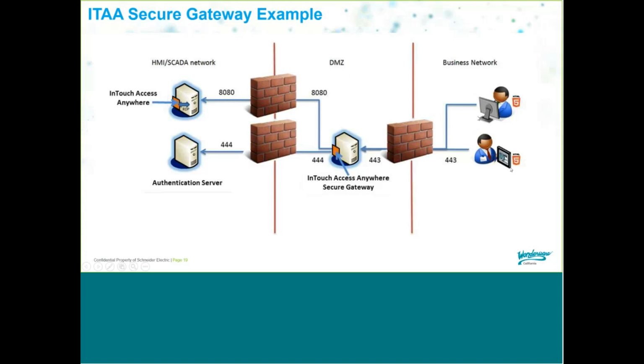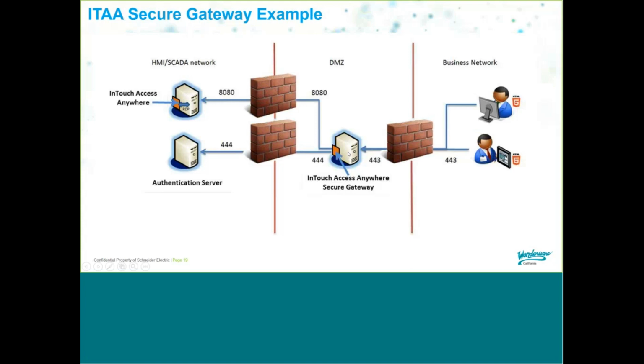And then over on the right-hand side, we have the business network, or we'll say the World Wide Web, the Internet. And so what a user can do is then log in first to the secure gateway, which is separate from your SCADA network. And some folks will still provide VPN capability to the secure gateway. That's optional.